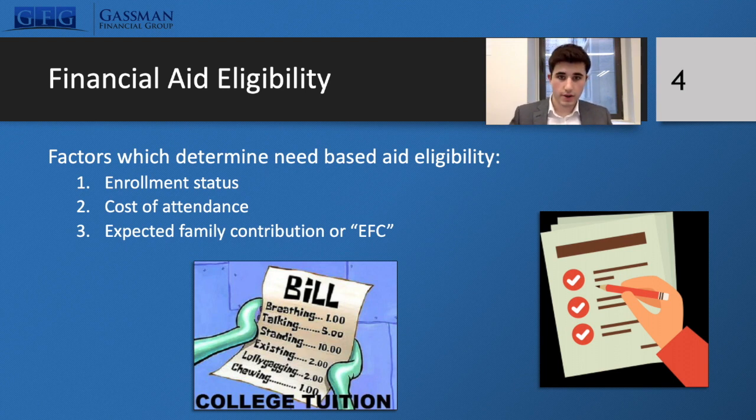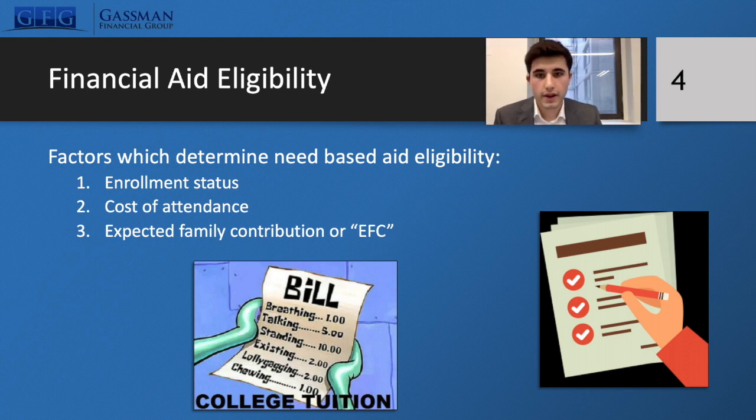Third is the expected family contribution, EFC. That is taken from the annual FAFSA report that you are required to submit when applying for financial aid. It includes you and your family's taxed and untaxed income, as well as assets and family size, and how many family members are going to college at that time.